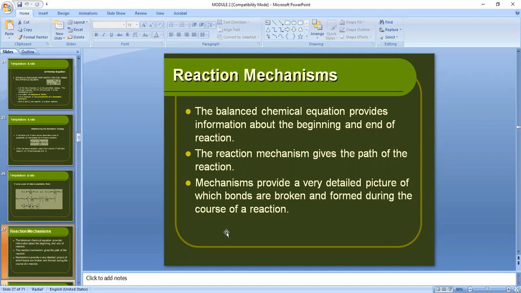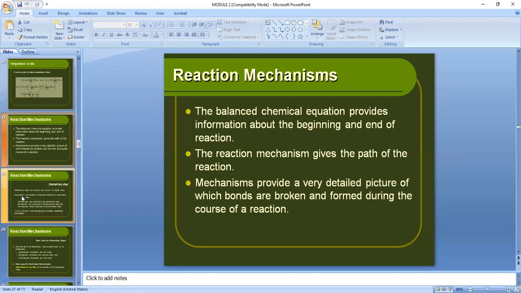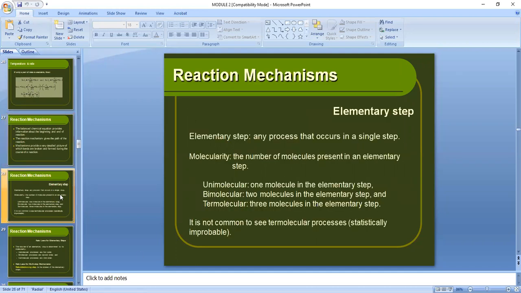So mechanisms provide a very detailed picture of which bonds are broken and which bonds are formed during the course of the reaction. So simply, when you speak of mechanism, it's the series of reactions that is happening in the formation of the product from the reactants. Now, the elementary step is any process that occurs in only a single step.